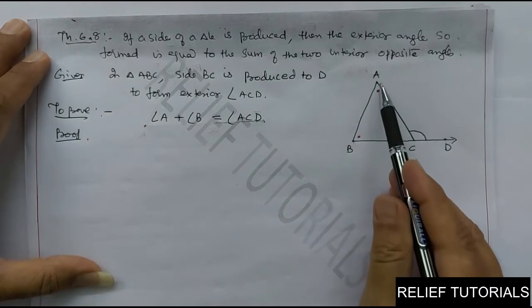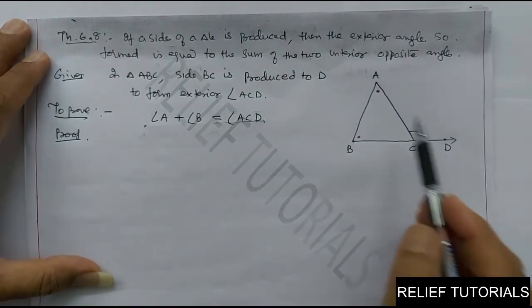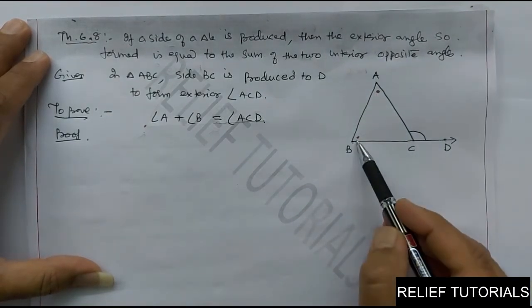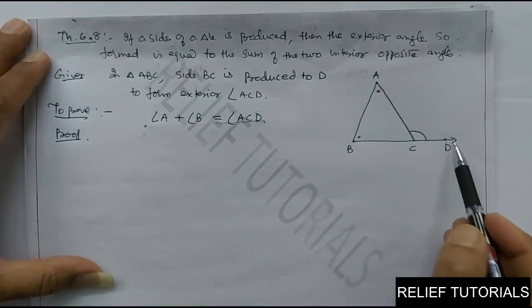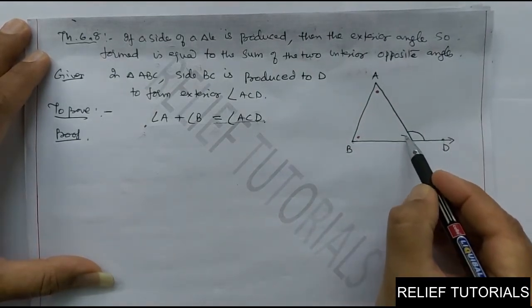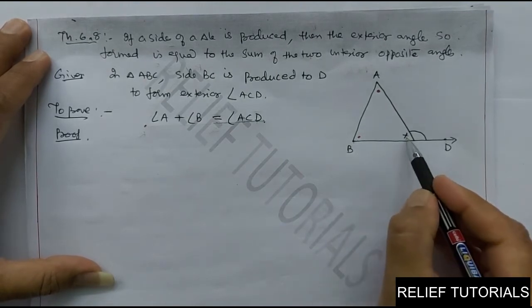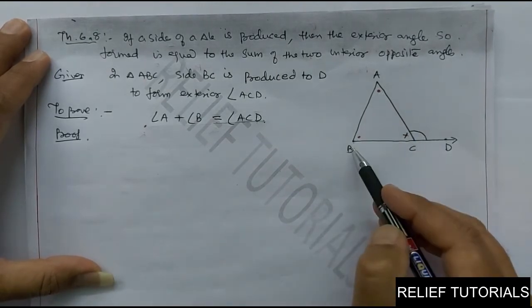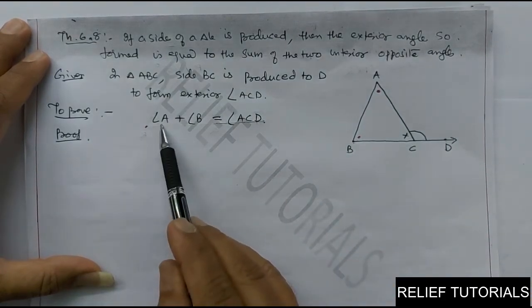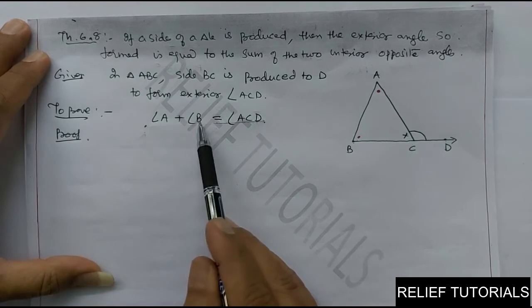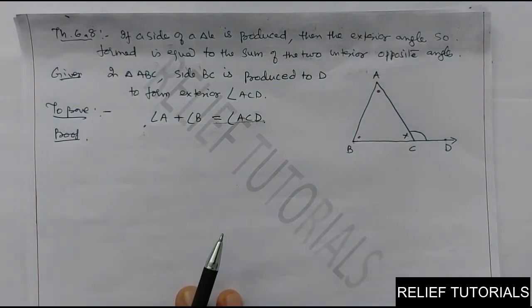So in short, we have to prove that exterior angle ACD is equal to angle A plus angle B. See, this ACD is an exterior angle and it forms a linear pair with angle C. So except this angle C, the other two remaining angles are its interior opposite angles. So we have to prove that ACD is equal to angle A plus angle B. I hope you understood this. Now we are going to prove this.